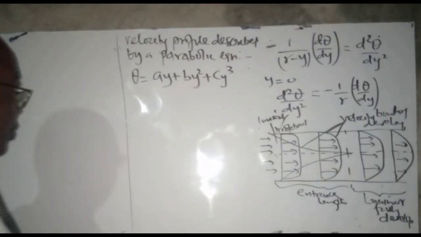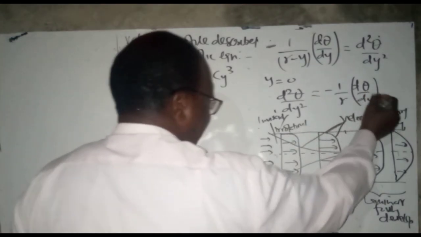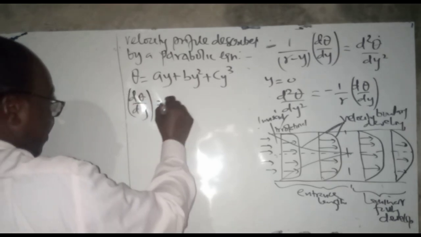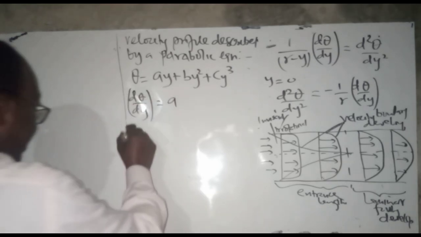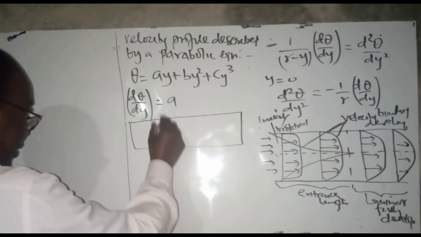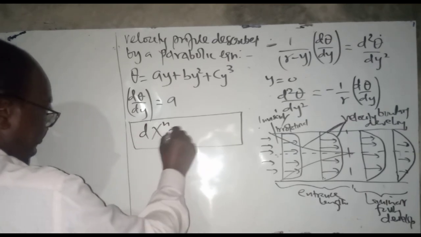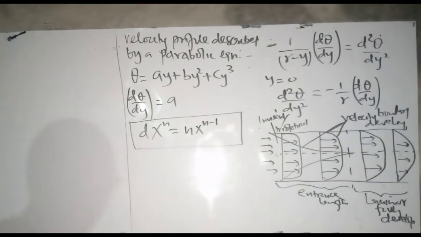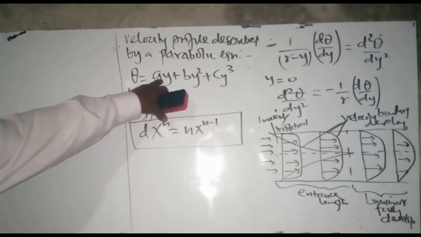And so if you take the first derivative, d theta by dy, remember taking derivatives, the derivative of x to the n is n x to the n minus 1. That's the identity we are using there.